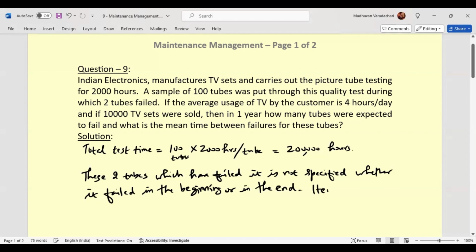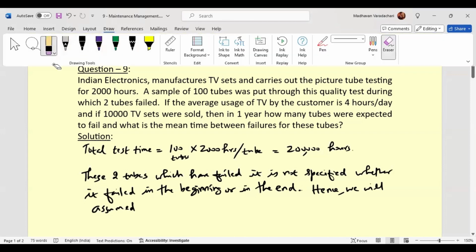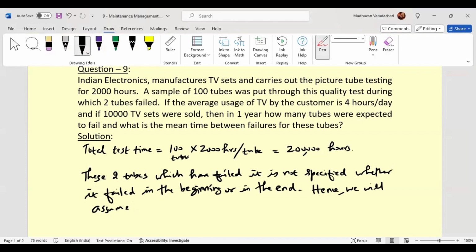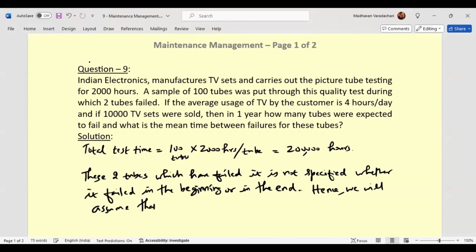Hence, we will assume that it failed in the middle.